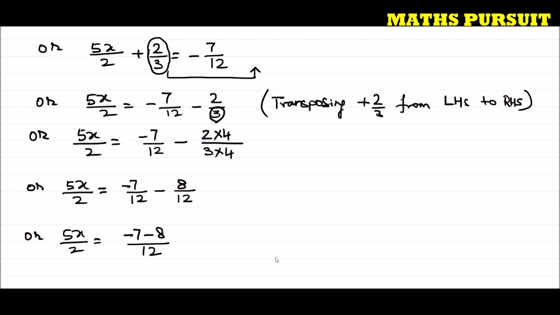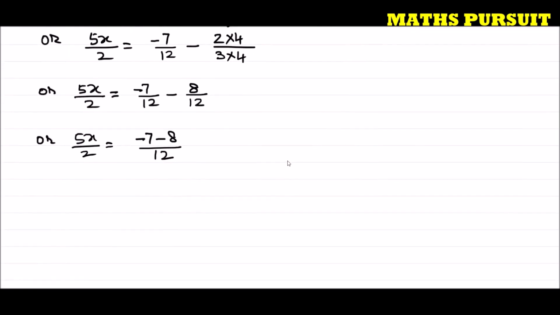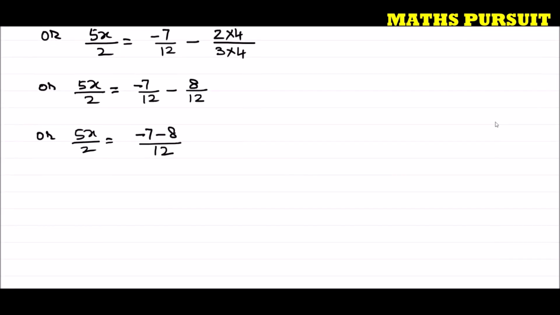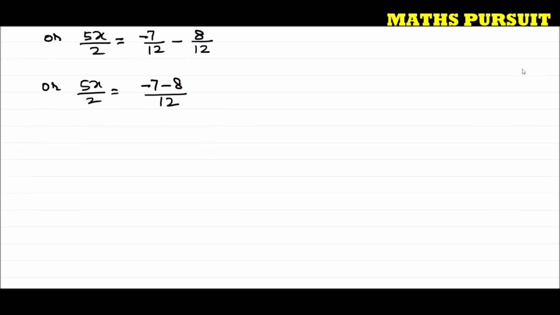Minus 7 minus 8 divided by 12. So we got 5x divided by 2 is equal to minus 15 divided by 12.